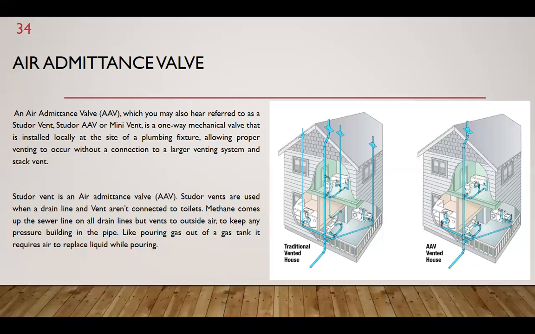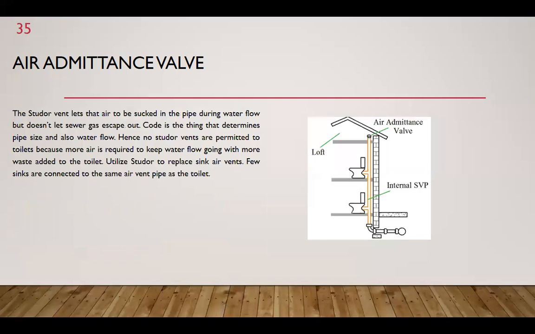Studor vents are used when a drain line and vent aren't connected to toilets. Methane comes up the drain line, but vents to outside to keep any pressure from building in the pipe. Like pouring gas out of a gas tank, it requires air to replace liquid while flowing. The studor vent lets air be sucked into the pipe during water flow, but does not let sewer gas escape out.